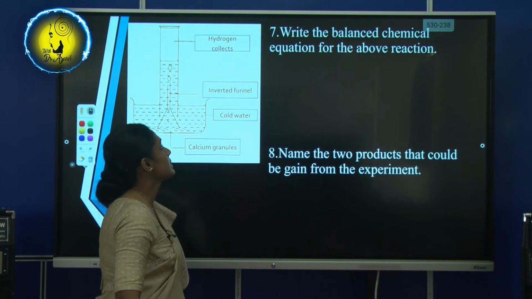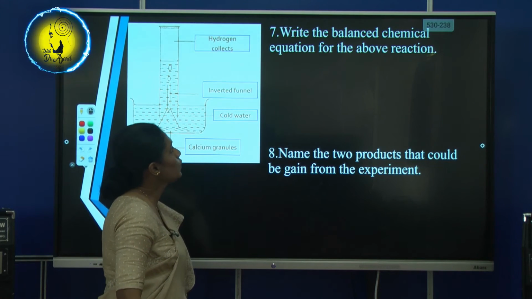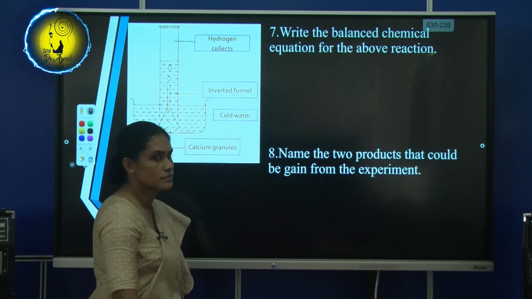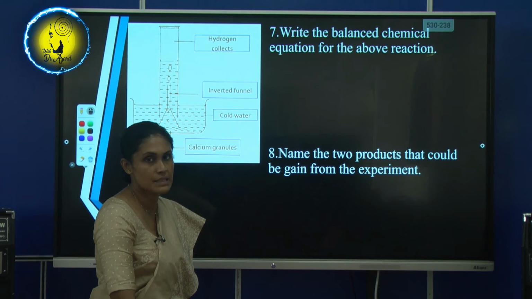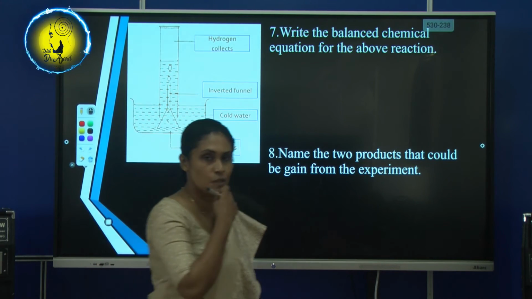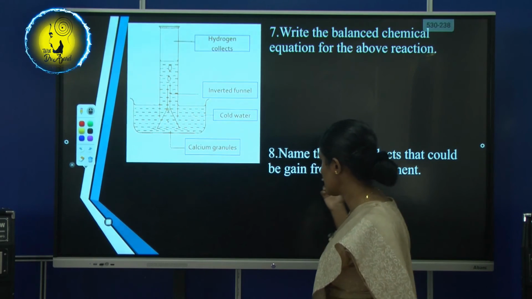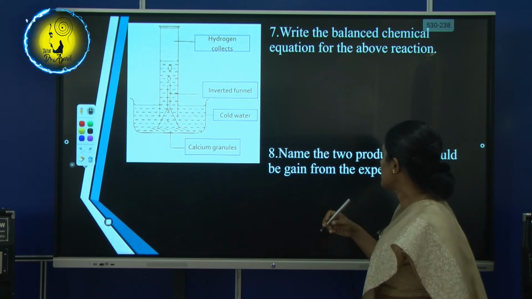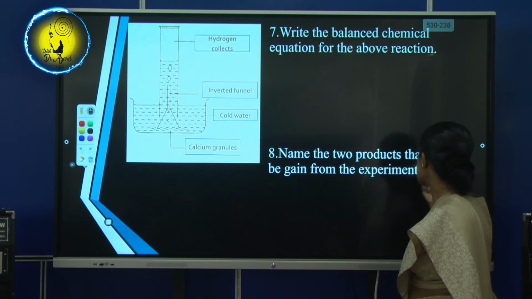Seventh part of this. Write the balanced chemical equation for the above reaction. Did we balance it? Yes, we balanced it. Right? In the previous question we wrote the equation and we have balanced it. Right? And the last part of this, name the two products that could be gained.